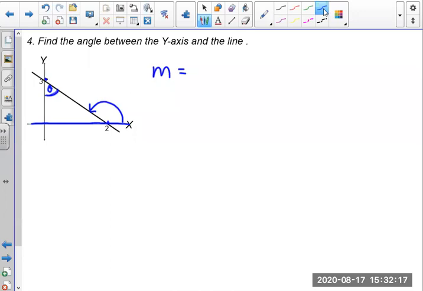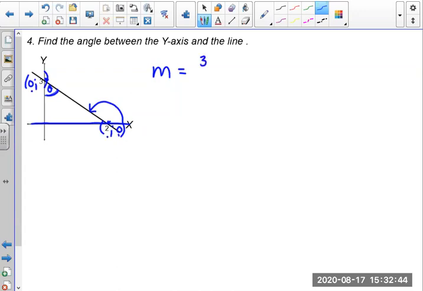Now, this point here is the point (0; 3), and this point here has coordinates (2; 0). So if I want the gradient, I must say y minus y over x minus x.